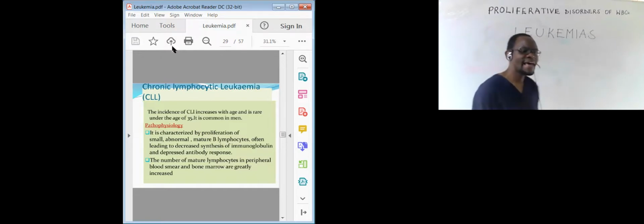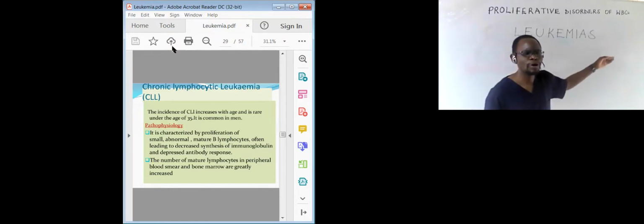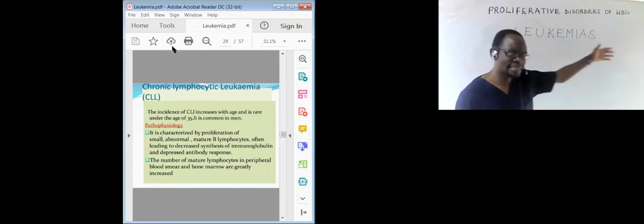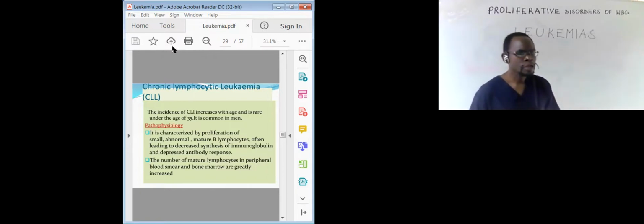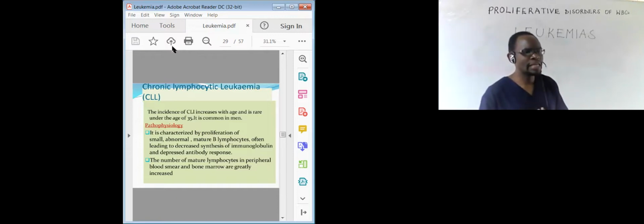The arrest of differentiation occurred at quite a late stage. So there are small abnormal mature B cell lymphocytes, often leading to decreased synthesis of immunoglobulin.